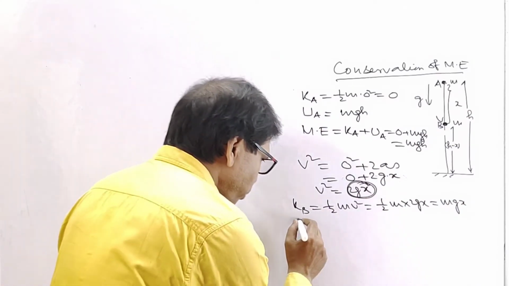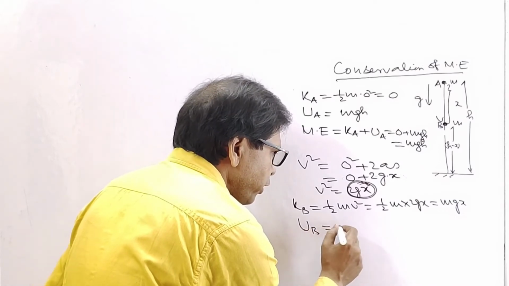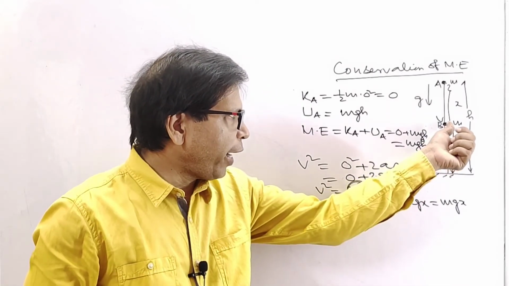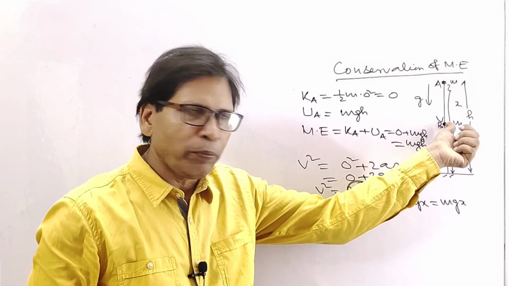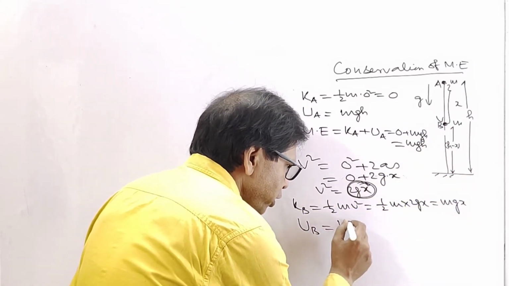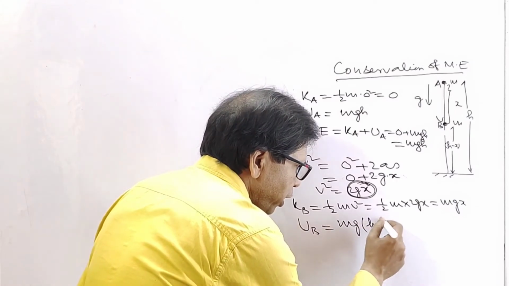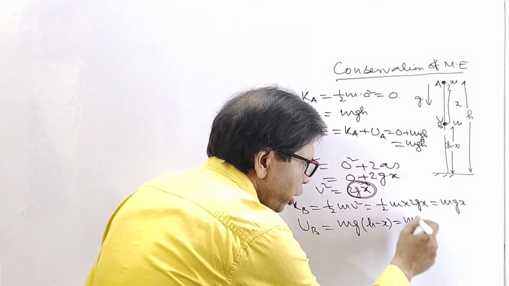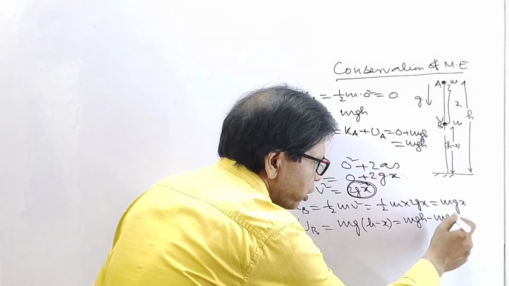Now potential energy UB. The height of m at the point B is h minus x. So potential energy is mg into h minus x, which is mgh minus mgx.